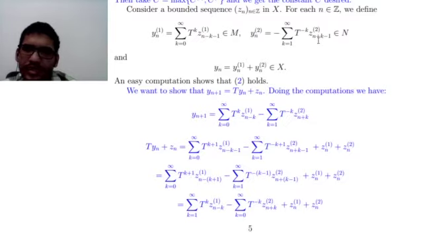When you put n plus 1 here, you will have n plus k. Okay, remember that yn plus 1 will be the first part plus the second part, so you will have this, okay.